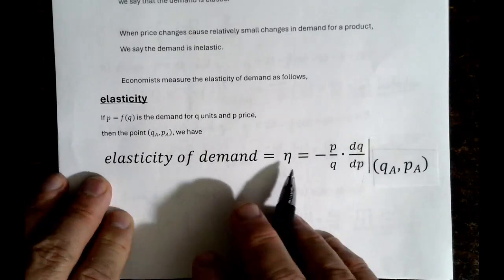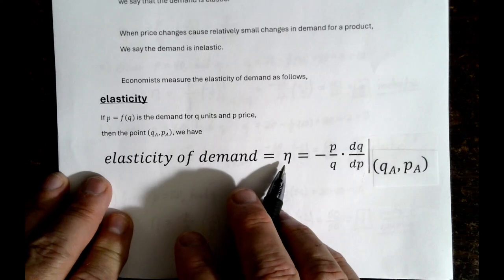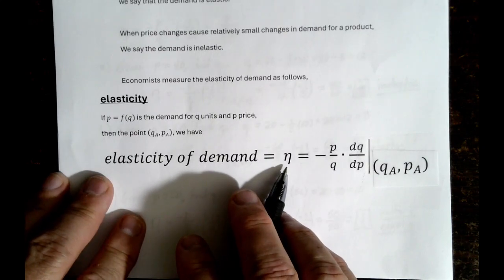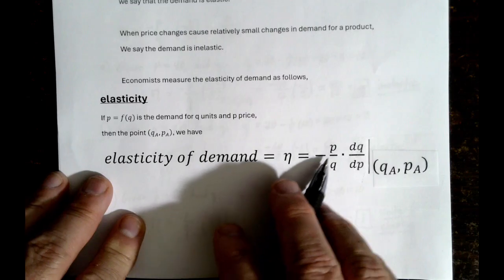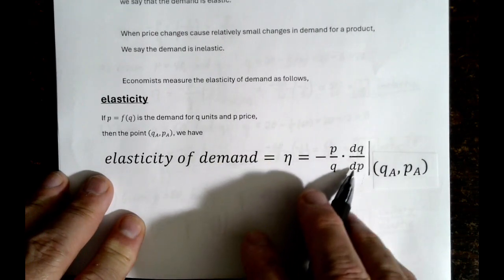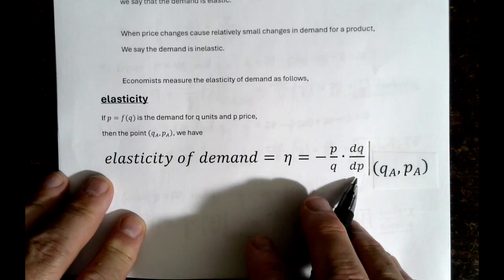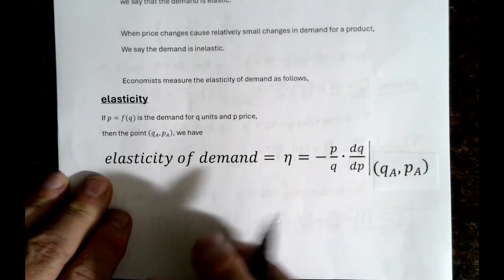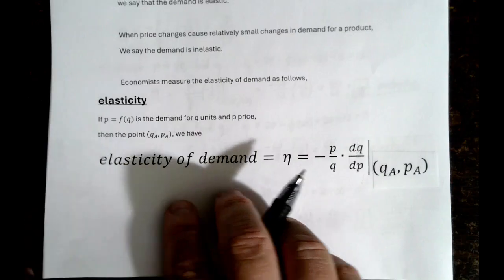So the elasticity of demand is denoted with this unusual Greek letter, η, which equals negative P over Q times the derivative of Q with respect to P, and then you plug in Q and P into these items and you get your answer.